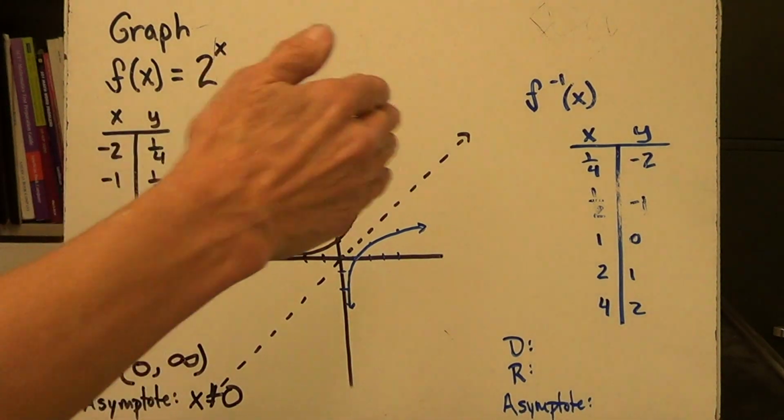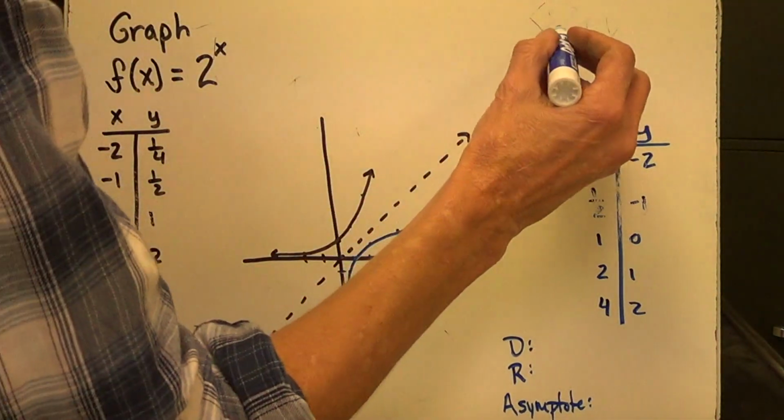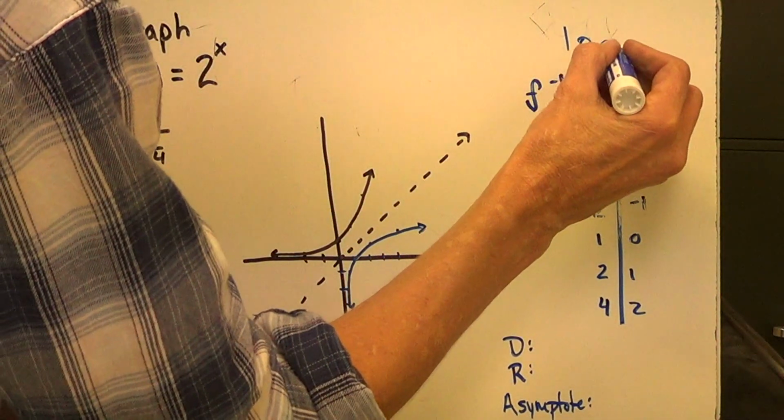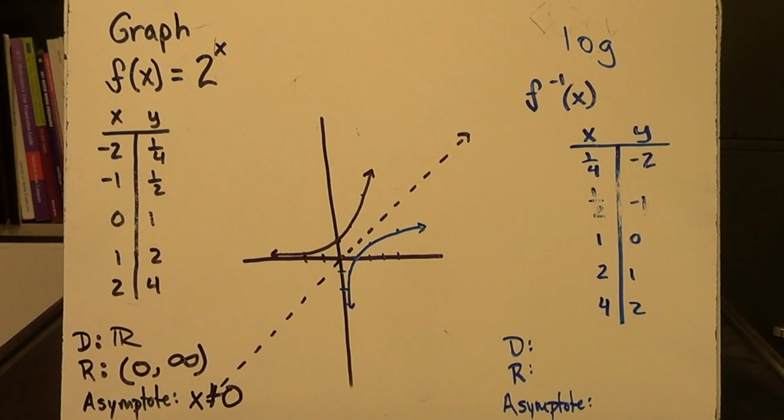Okay? So now we go over to our inverse. Even though you don't know what the equation is, you know that this is a log, because I've already told you that the inverse of exponents is the logarithm functions. So remember, with inverses, our range and our domain flip.